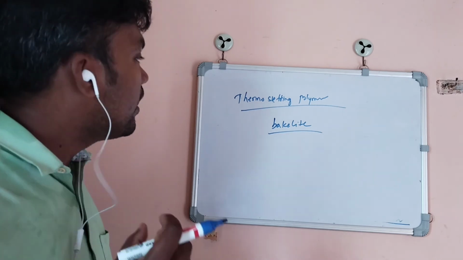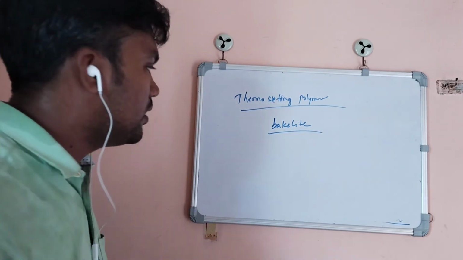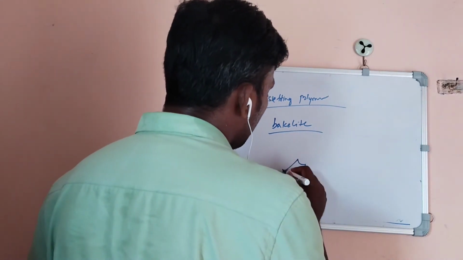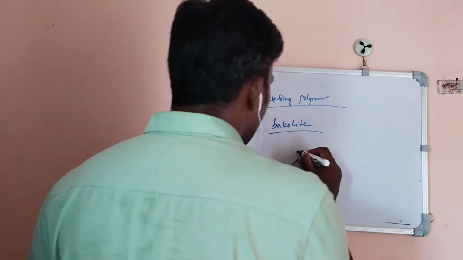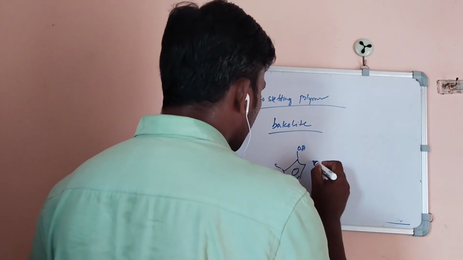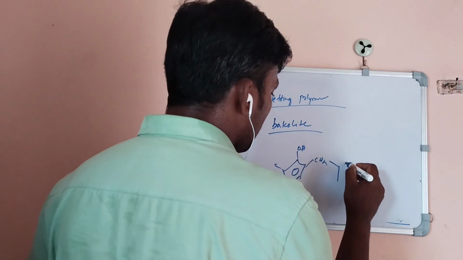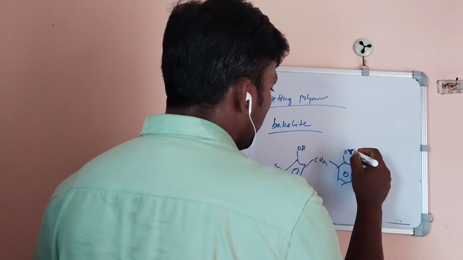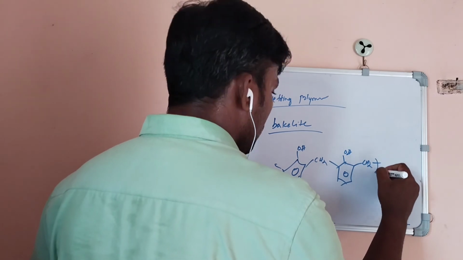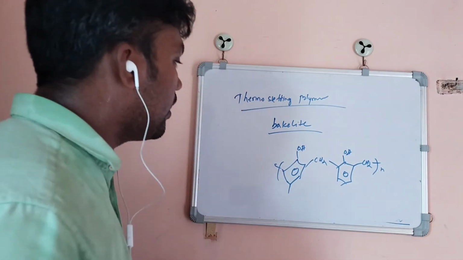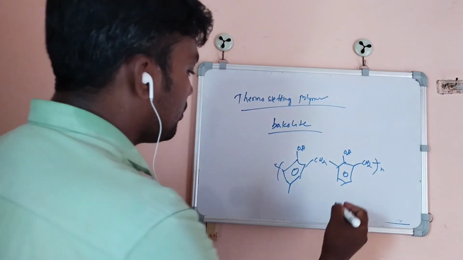Bakelite and urea formaldehyde are examples for thermosetting polymers. The structure shows OH, CH2, OH. This is the structure of bakelite.